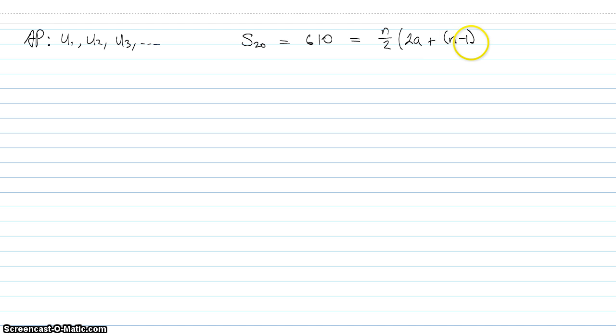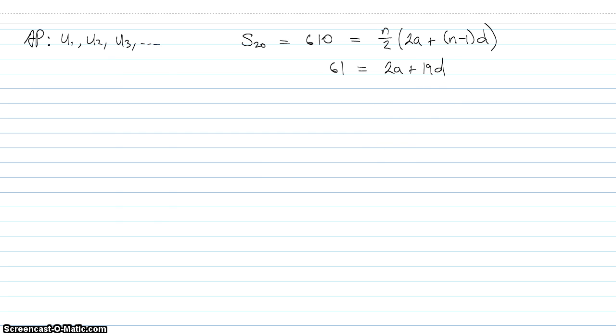Substituting n equals 20, 20 divided by 2 is 10, and then divide both sides by 10. You get 61 is equal to 2a plus 19d.